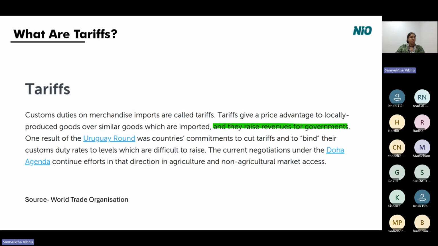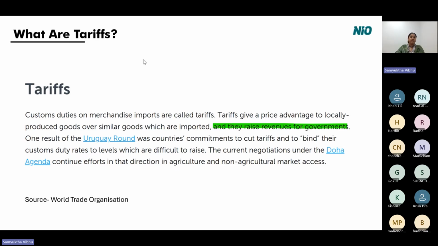Now, this is a source of government revenue, and I think the basic reason why tariffs have become a negotiating tool or have become front and center of US policy making is because there has been a need to sort of raise government revenues there. We've all seen how the US's fiscal deficit has played out, how they've been on a borrowing path, and there is a need to sort of repay that debt. So, from a government revenue perspective, tariffs could be a great tool in sort of achieving that target.